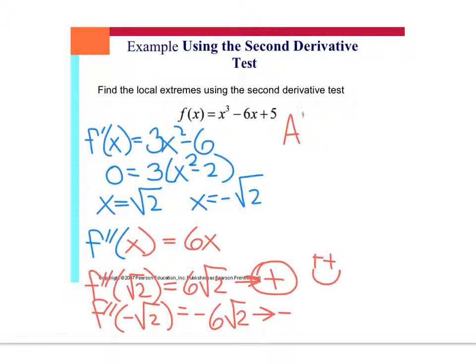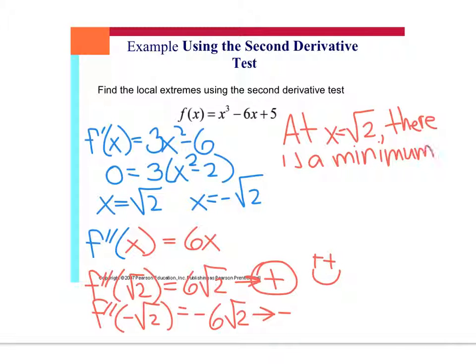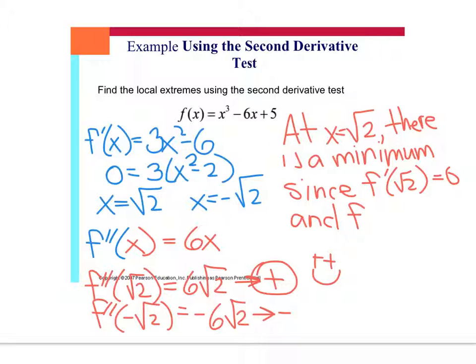So at x equals radical 2, there is a minimum, and this is how you would justify it, since f prime radical 2 is equal to 0 and f double prime radical 2 is greater than 0. And that's an excellent justification.